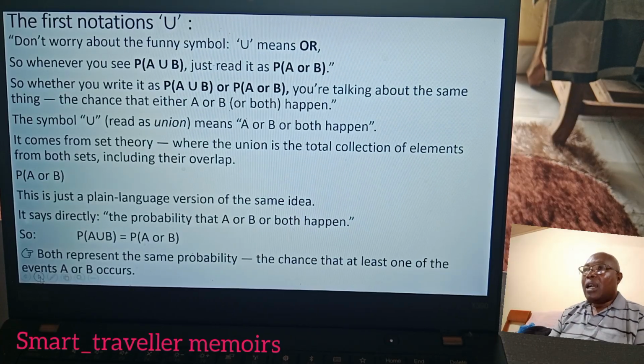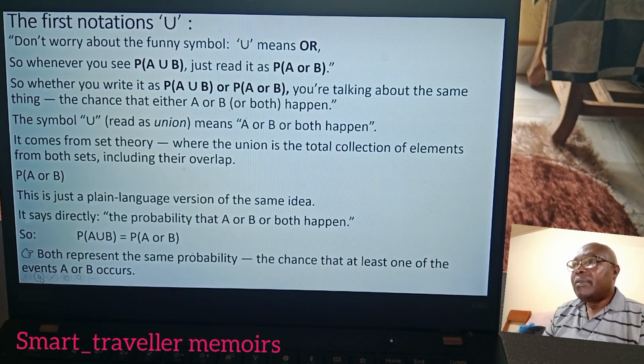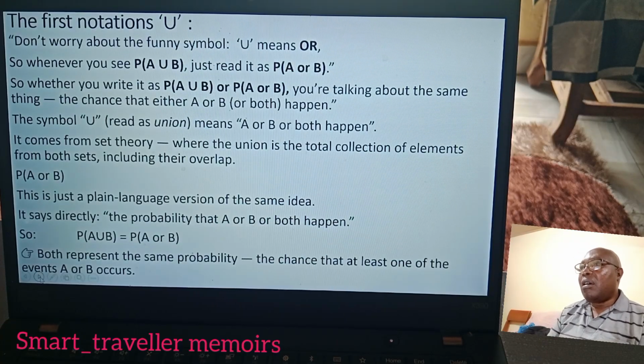So whenever you see P(A U B), just read it as P(A or B). You replace the U with or. When you write P(A U B) or P(A or B), you are talking about the same thing: the chance that either A or B or both happen.